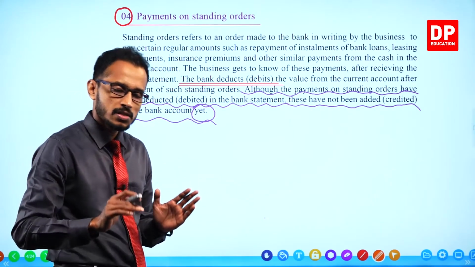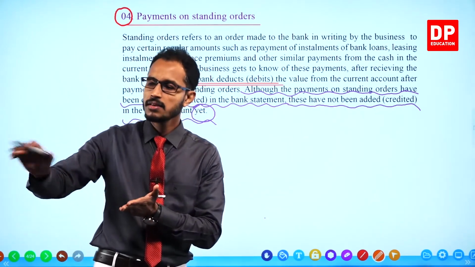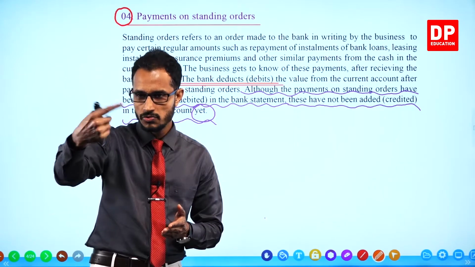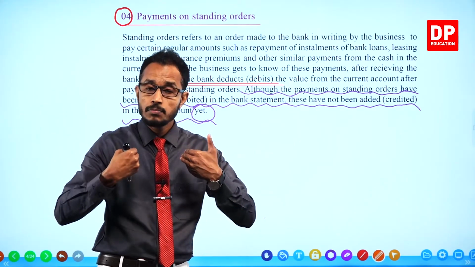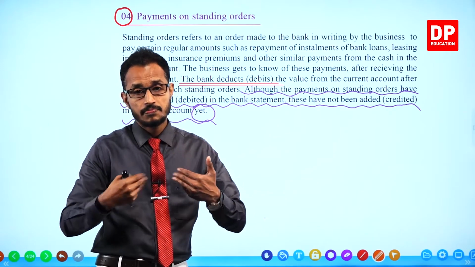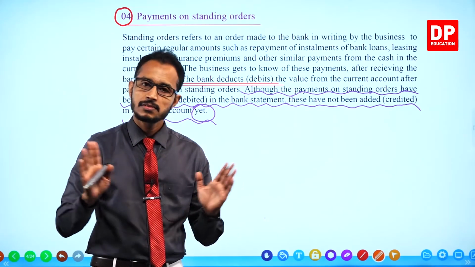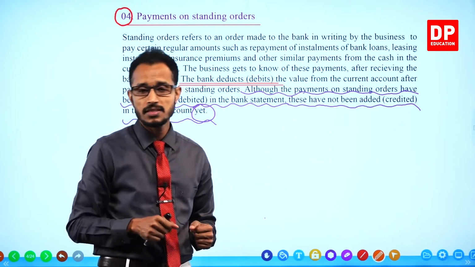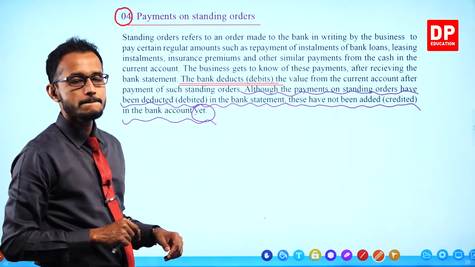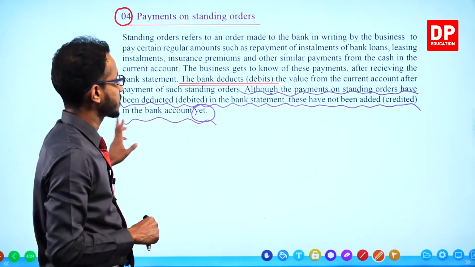Anyhow, children, the point that you should take here is that standing order payments, even though they are made and gone from our bank account, from the current account, are not recorded in the bank book which we prepare. So that makes a difference in the final balances.